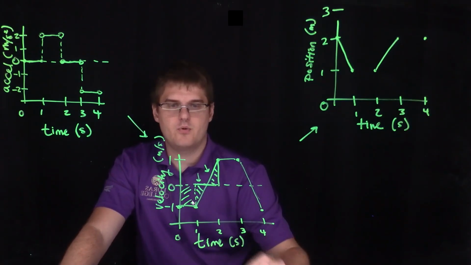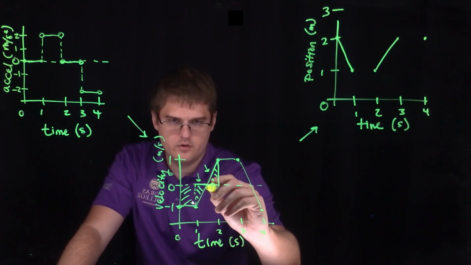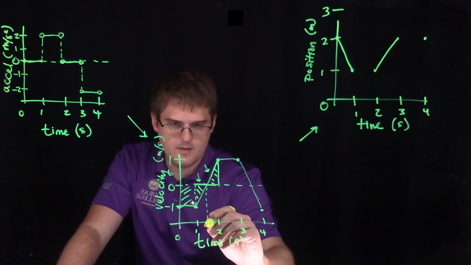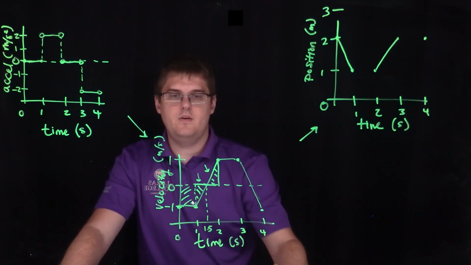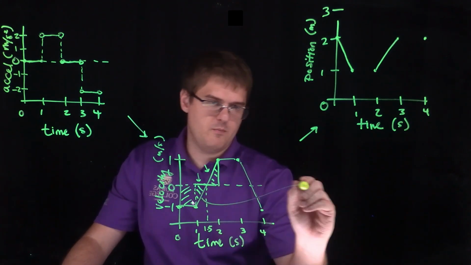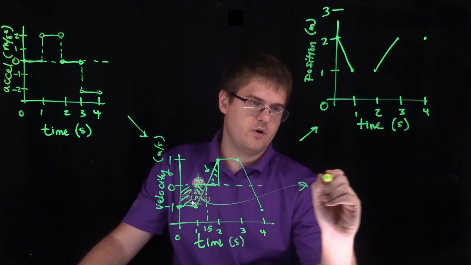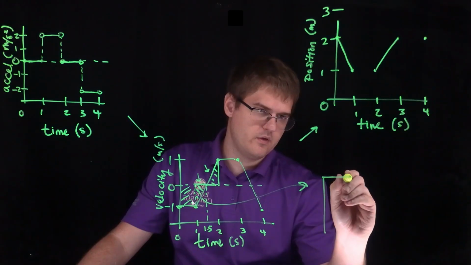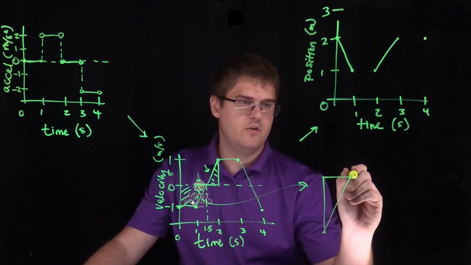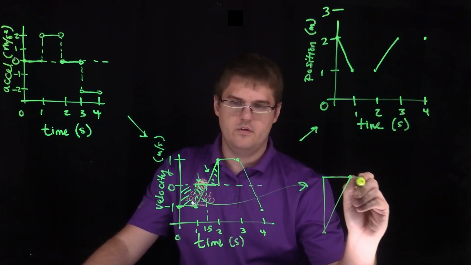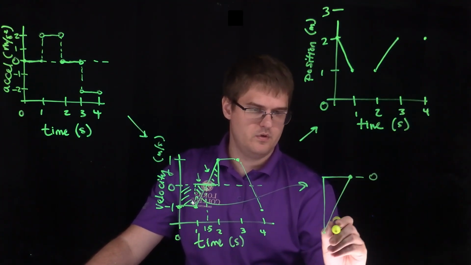So I'm going to go ahead and break this into time 1.5. So now I'm going to take this triangle at time 1.5, and we're going to draw it out here. So at time 1.5, this is at 0.